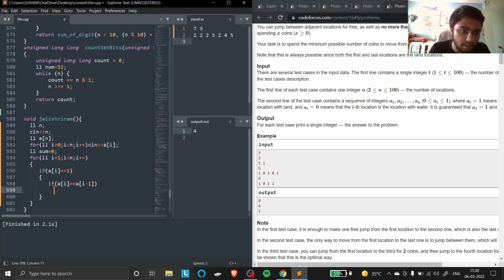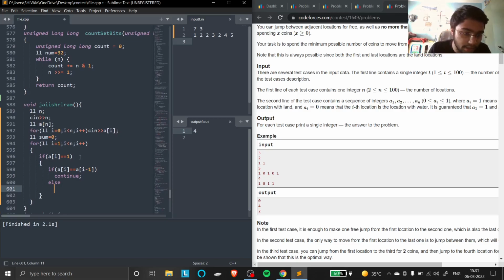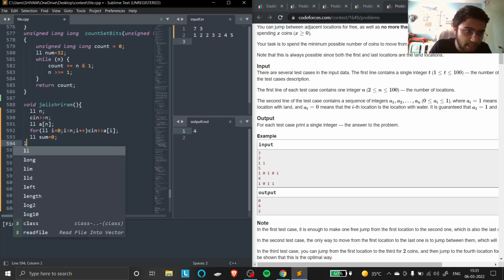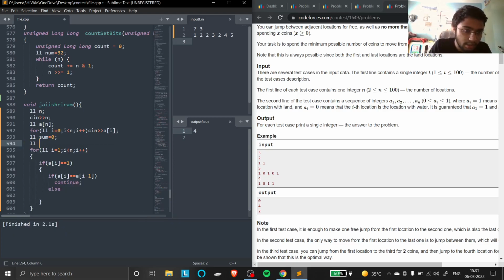If yes, no problem, we will calculate the difference between them. The previous one is equal to its index, so 0.